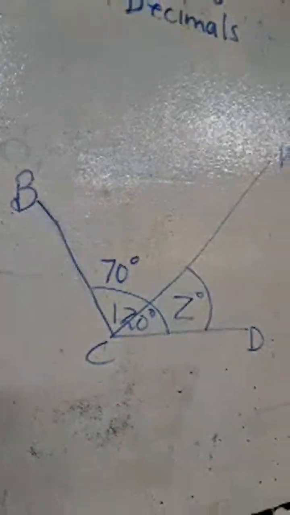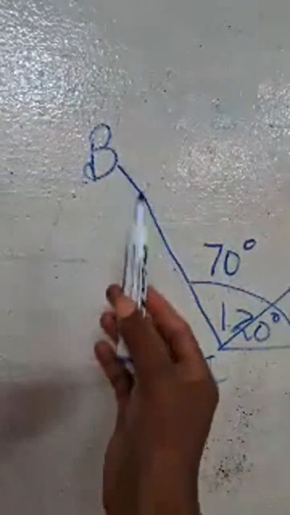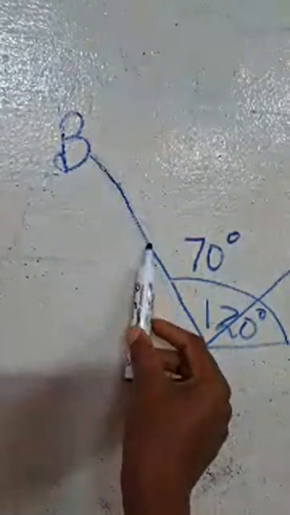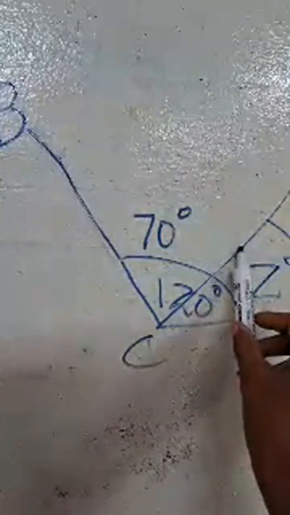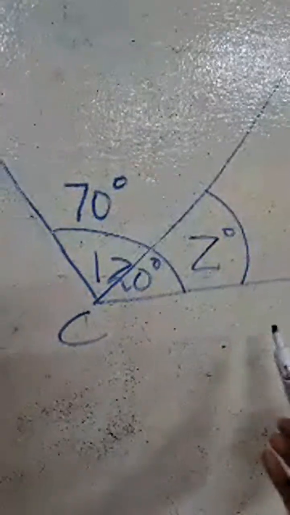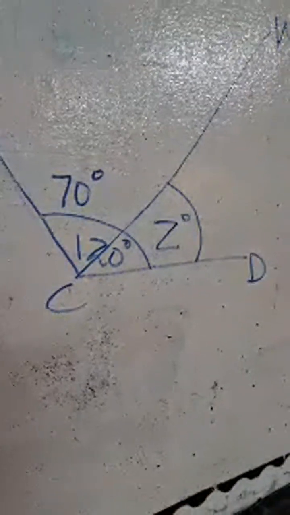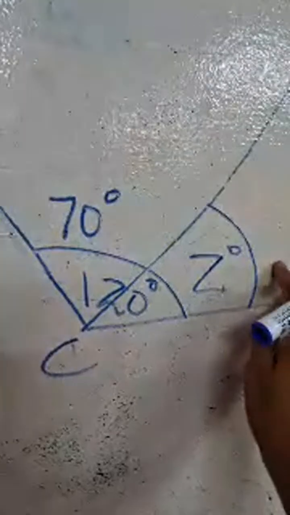So the students were going on a journey and they travel this distance. All of this distance they travel, and it was only 70 degrees. But of course they want to do the complete thing, which is 120. So they need to find out how much more they need to complete.